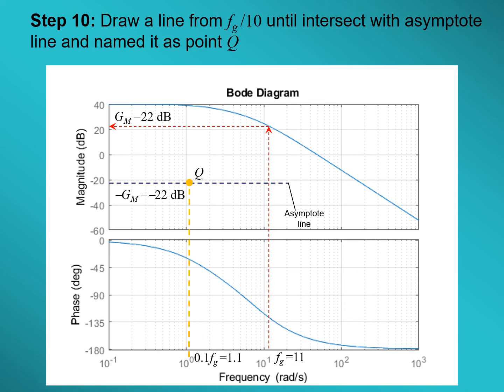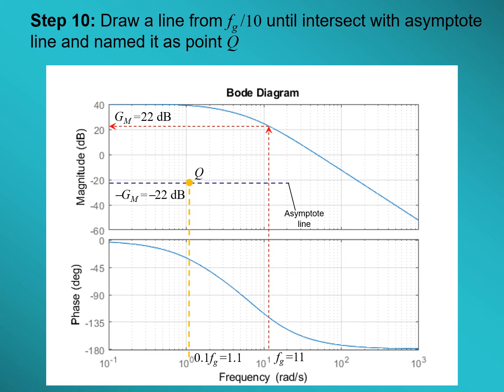Step number 10, draw a line from Fg over 10 until it intersects with the asymptote line and name it as point Q. This is represented by the dashed yellow line.